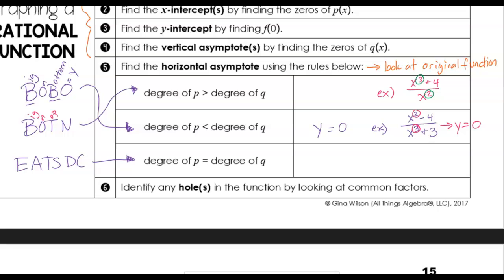Okay, you might not get this one. I'll just tell you. If we have a bigger exponent on the top, if it's bigger on top, there is no horizontal asymptote.